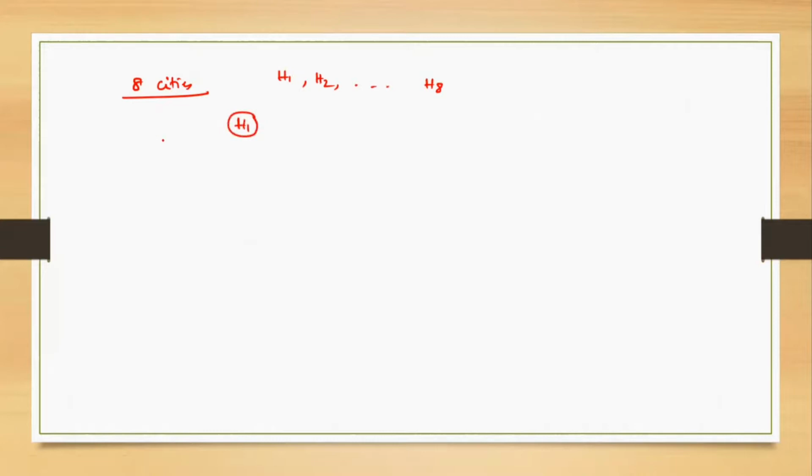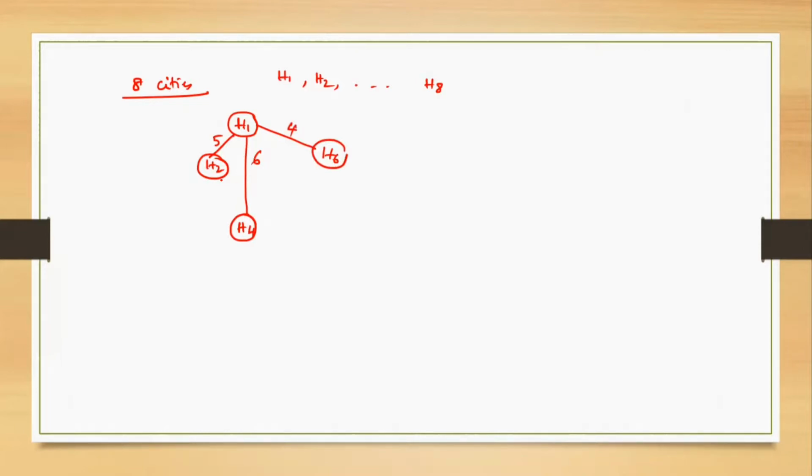From H1, anybody can move to H2 with the cost 5 units. Not only that, but assume that anyone can move from H1 to H4 with the cost of 6 units. Then somebody can move from H1 to H6 with the cost of 4 units.